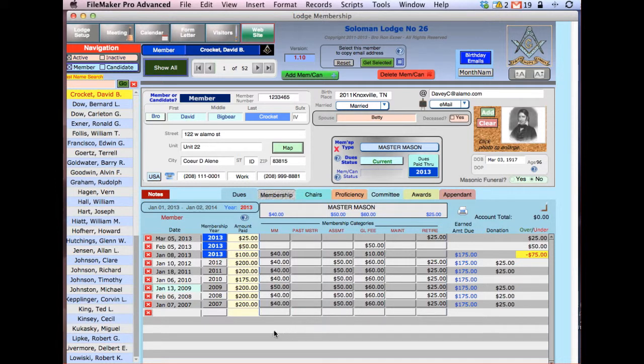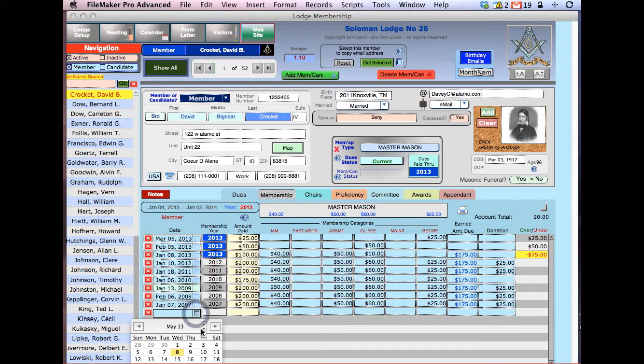What if, and how many lodges have this problem, this brother wants to prepay by a couple of years? Well, we could do that.